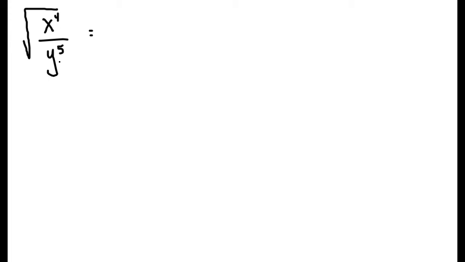So the way we're going to simplify this is the square root of both the numerator and the denominator. So what that means is we can rewrite this as just a fraction. So we have the square root of x to the 4th over the square root of y to the 5th.